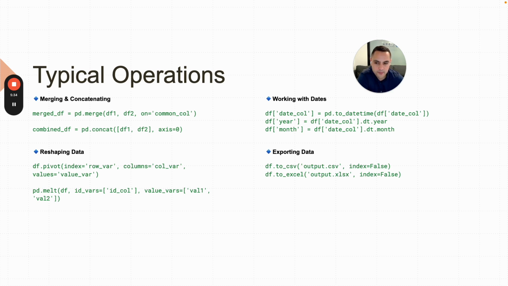Reshaping, so you may want to transpose the data. Additionally, you may have dates. So working with dates, you may need to convert that column to a date format. And you can also generate certain periods, such as a year or a month.